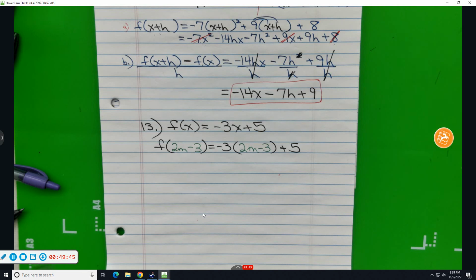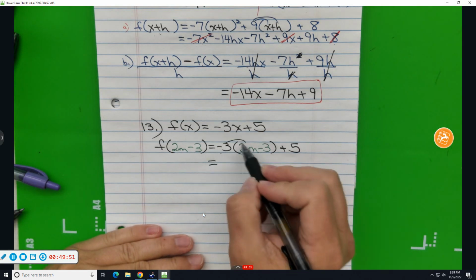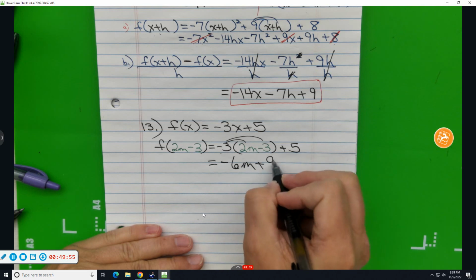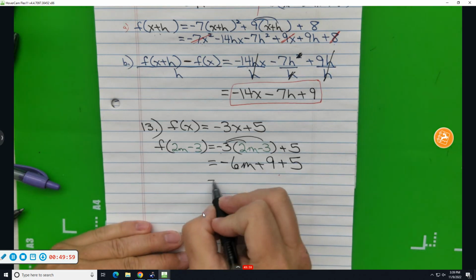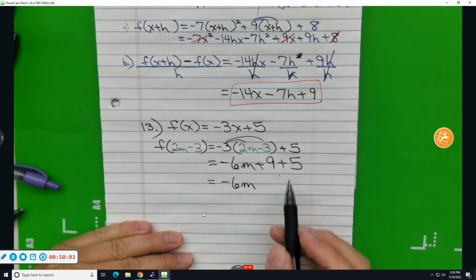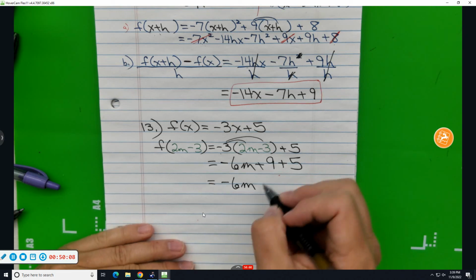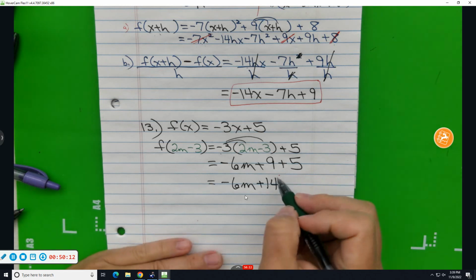What are we going to have to do to get rid of those parentheses? Starts with a D. Distribute to give me a negative 6m plus 9. And we still have that plus 5 for a final answer. What can we do? Oh, that's right. We'll add 9 plus 5 gives me a plus 14 for my final answer.